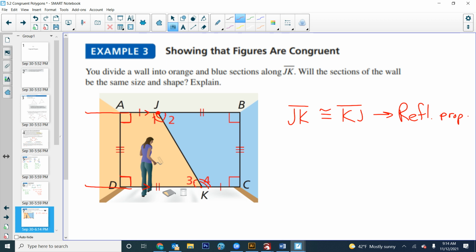It's overlapping. Kelly. So there's a mark between A and J. There's a hash or what would you call it? Single tick mark. Yep, a tick mark. And then K and C, there's a tick mark. Can't you say it's just the same distance from each side, and it's the same shape because of that? After proving it's parallel.